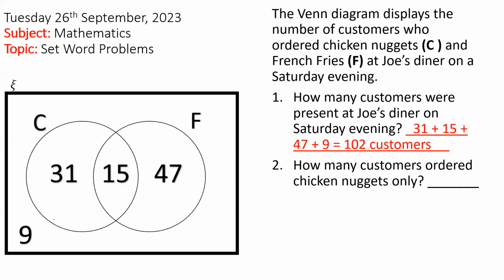So from yesterday, how can we shade only? What is chicken nuggets only? How can we do that? You only shade the part that is not the intersection. Do we include the intersection? No, sir. Very good. So it's only gonna be this. All right, so the answer is what? 31.